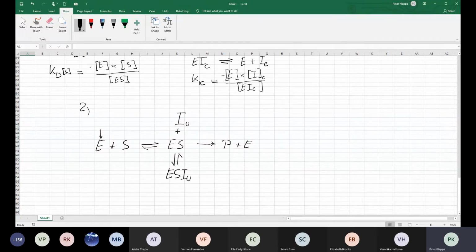So you see here, IU can only, and I write that in large letters, can only bind to the ES complex. It cannot bind to the free enzyme. So let me remove this arrow here, because it cannot bind to the free enzyme.